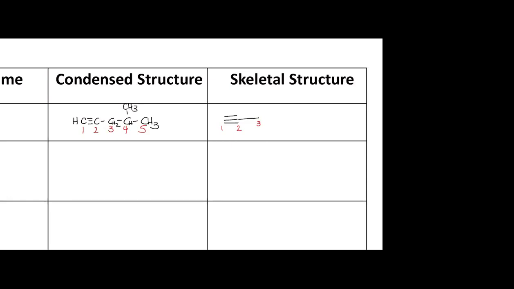So that means that from carbon 3, we can go down to draw carbon 4, up to draw carbon 5, okay? And that's at least the parent chain. Since carbon 4 has a methyl group, we're going to make a line pointing down, and that's where our methyl group is.